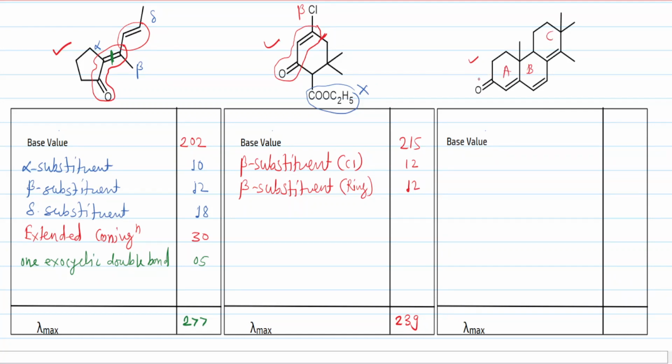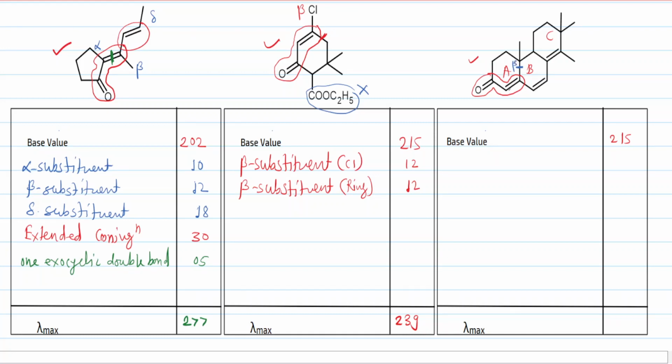Now, the final compound has 3 rings, that is ring A, B, and C. Now, the enone system is like this. After the enone system, there is a single bond, double bond, single bond, double bond. So two extra conjugations. First of all, I will write the basic value. Then I will put here the alpha, beta, gamma labels. So this is the beta substituent.